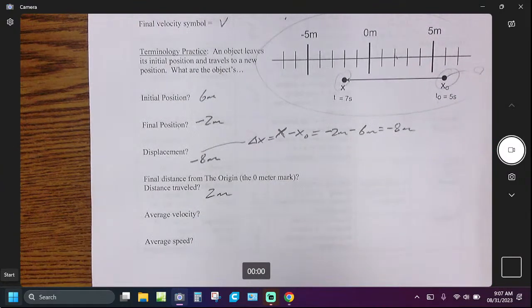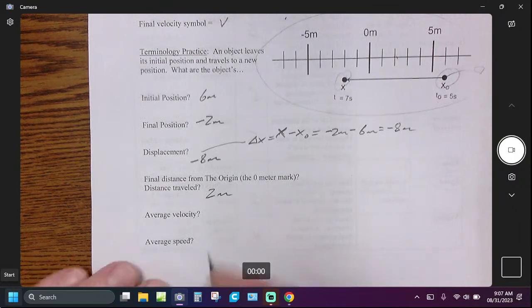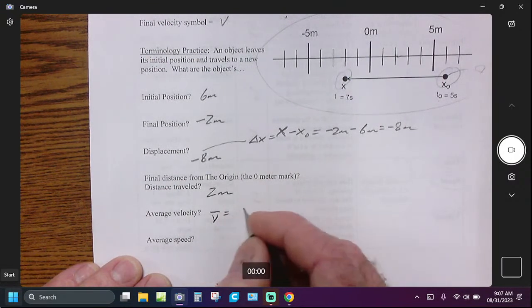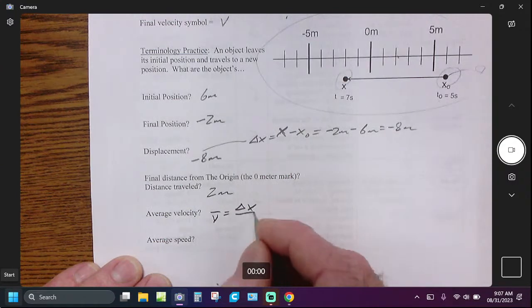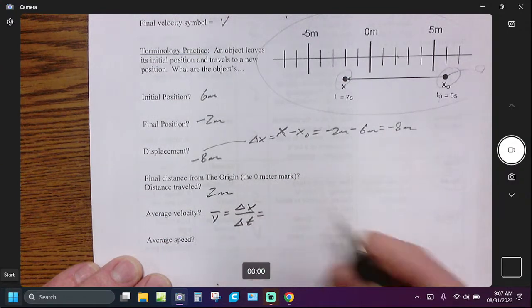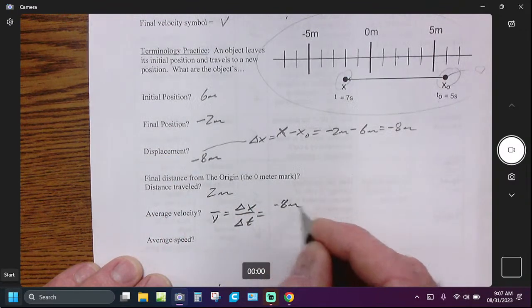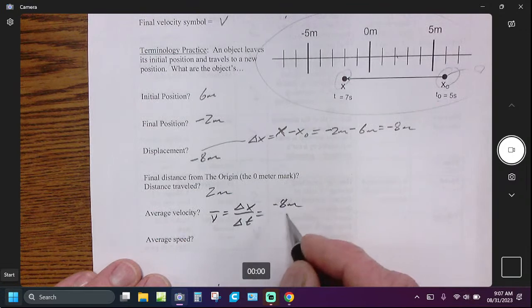Average velocity. So I'll just write the formula and we'll check. So average velocity formula is the change in position, or the displacement, over the change in time. And the displacement was -8 meters. So that's which way it went and how far.